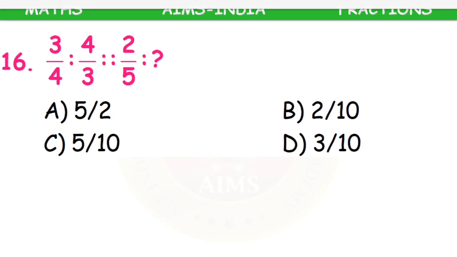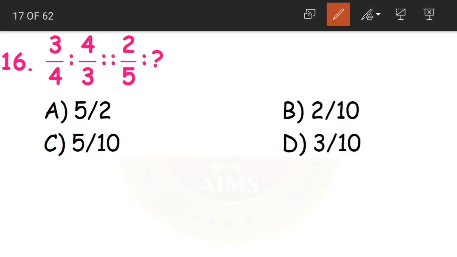Next, 3 by 4 is to 4 by 3, then 2 by 5 is to dash. In the same way, these two are connected to each other. We had 3 by 4. Here now it became 4 by 3. Now 2 by 5 will become what? See, if you observe what happened here, both the numerator and denominator got interchanged.